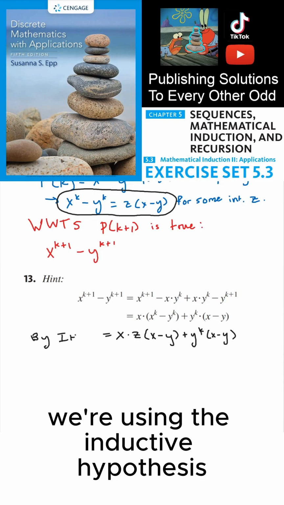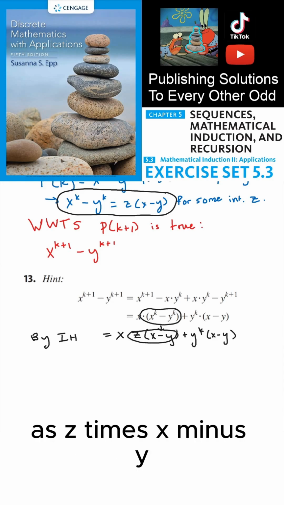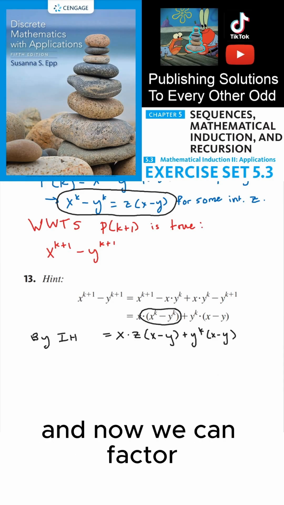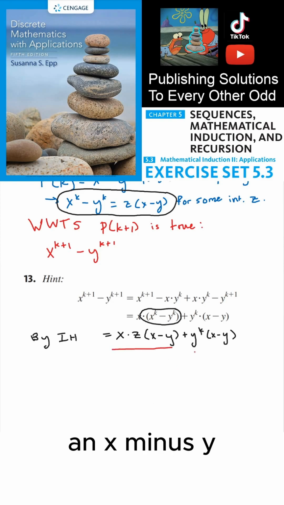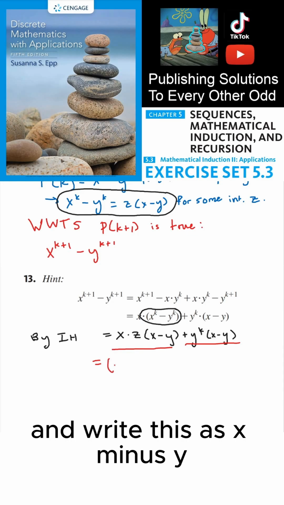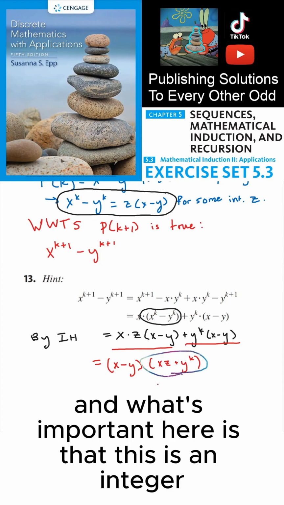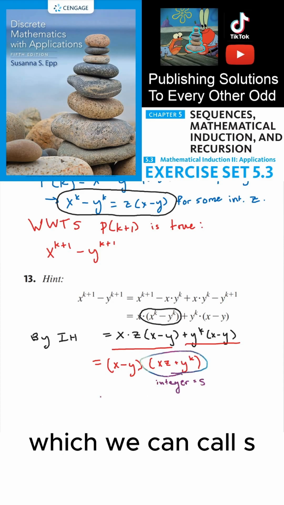We're using the inductive hypothesis to rewrite this x to the k minus y to the k as z times x minus y. And now we can factor an x minus y from both of these terms and write this as x minus y times x times z plus y to the k. And what's important here is that this is an integer, which we can call s.